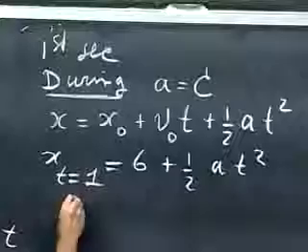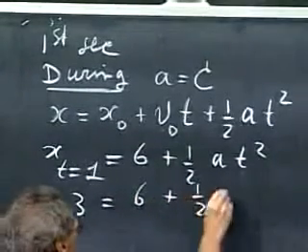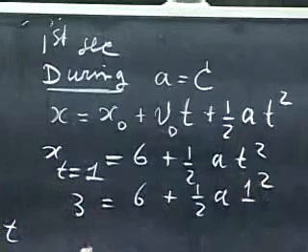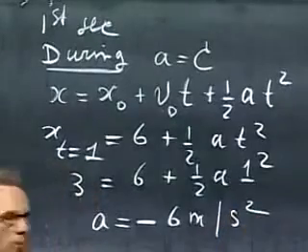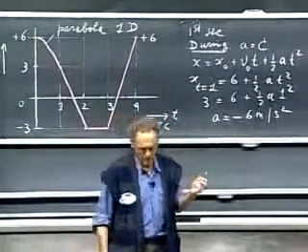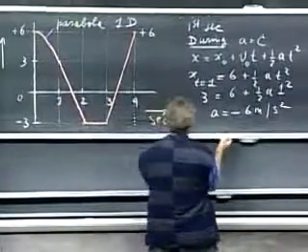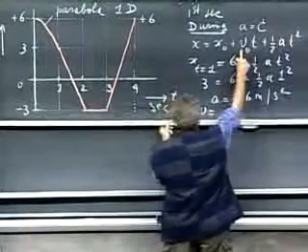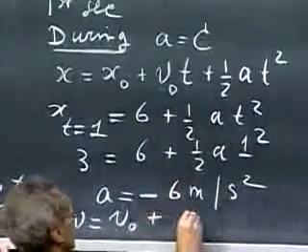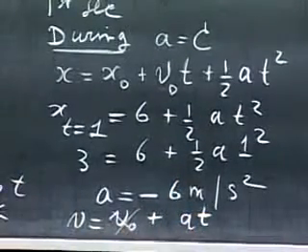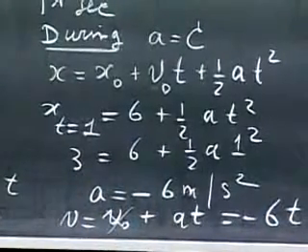And so when it is at 3, I have 6 plus 1/2 a times 1 squared, and so you'll find that a equals minus 6 meters per second squared. So during this first second, the acceleration is minus 6 meters per second squared. And the velocity v, as a function of time, is the derivative of this one, is v0 plus at. v0 was 0, and so that is minus 6 times t. So the velocity is changing in a linear fashion.